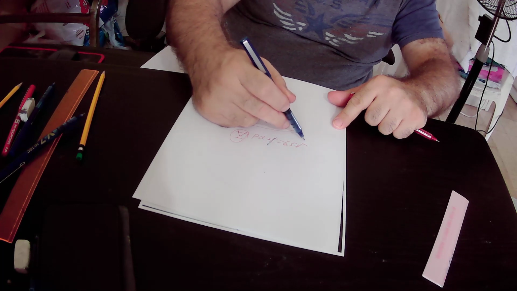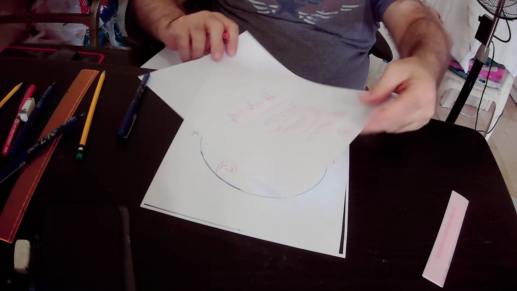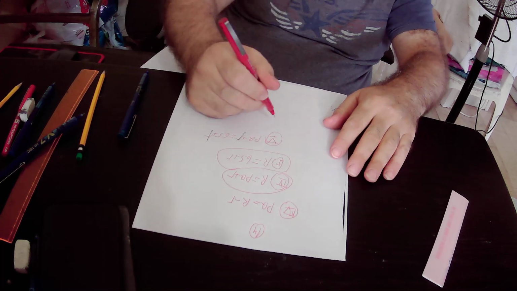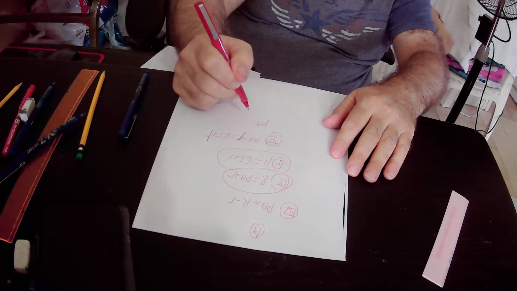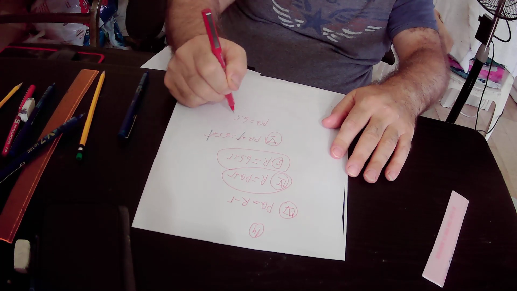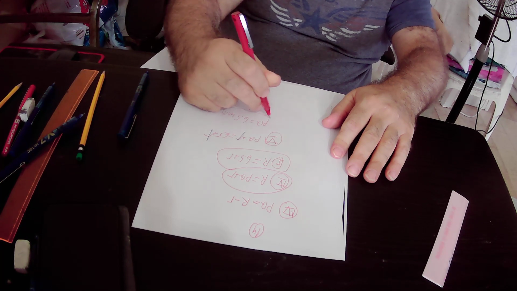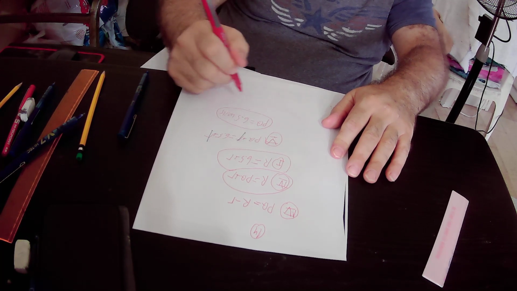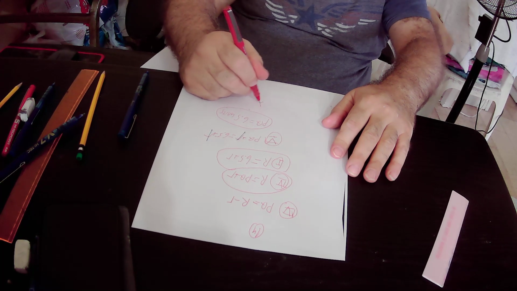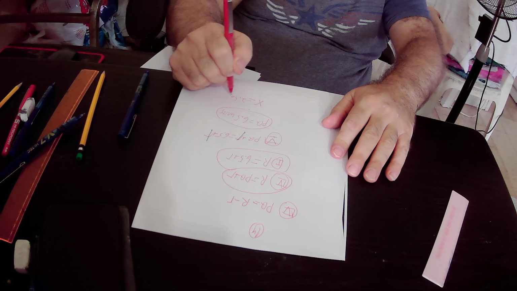After we cancelled r, we got that PQ equals 6.5 units, and we already know that X equals 2.5 units.